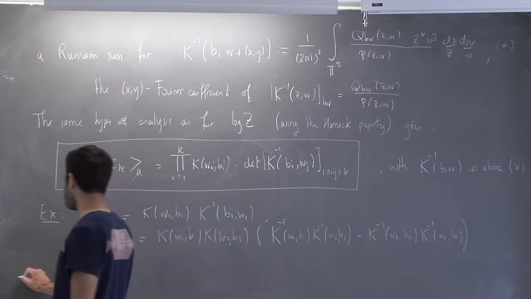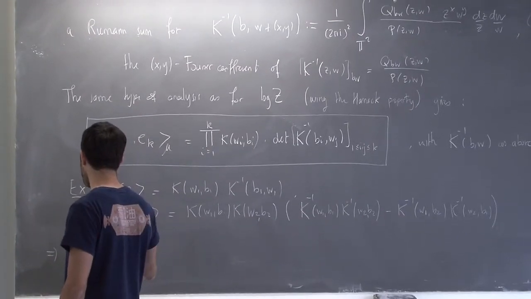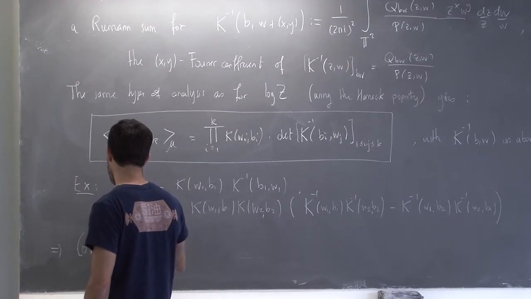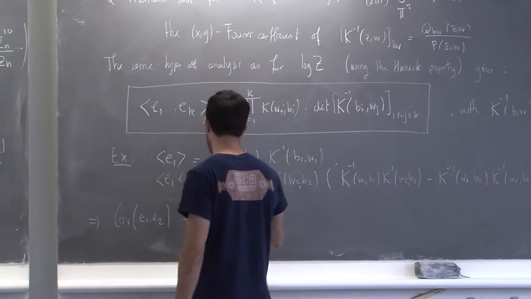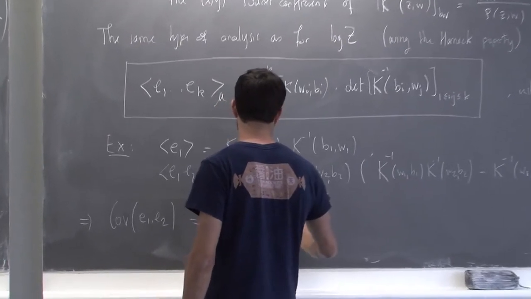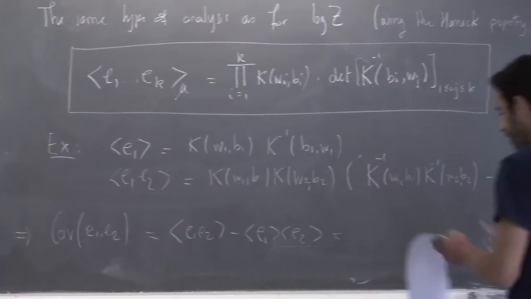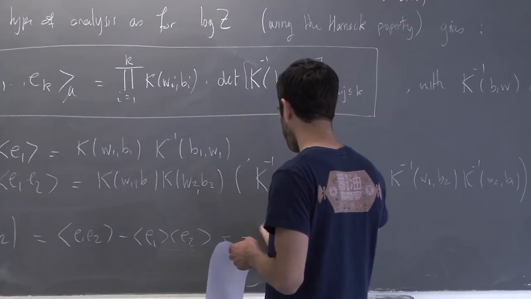And so you see that actually the natural thing to look at is the covariance of E1, E2. That will be E1, E2 minus E1, E2. And if you look at these formulas and you compute, you get the following thing.